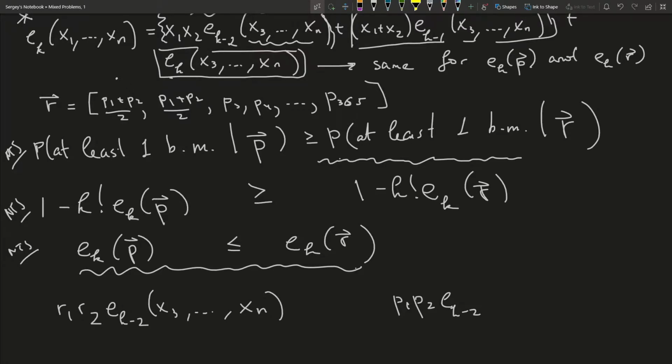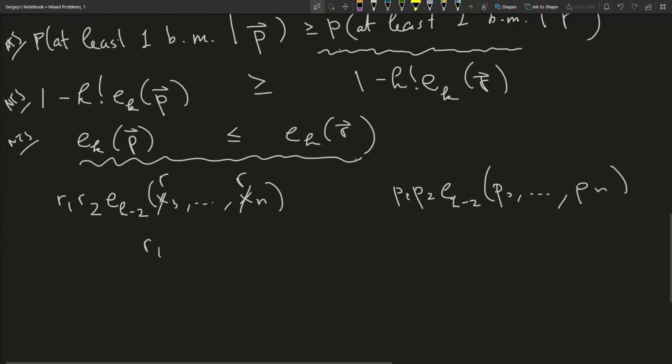Well, these are actually R's here, so this is R3 to Rn, P3 to Pn. But notice that P3 to Pn are exactly the same as R3 to Rn. So this actually boils down to just comparing R1, R2 and P1, P2.